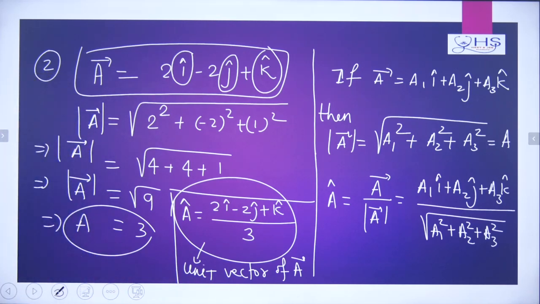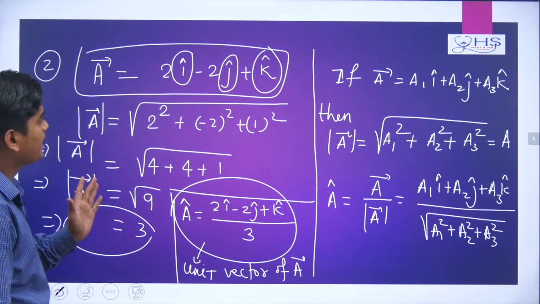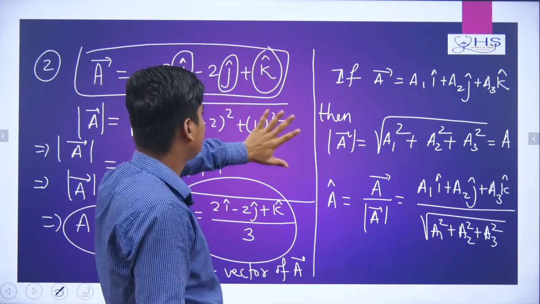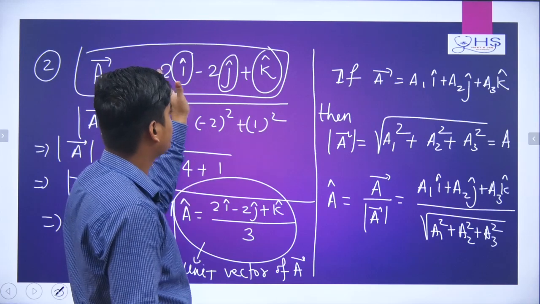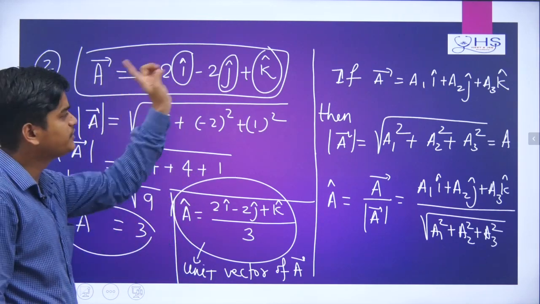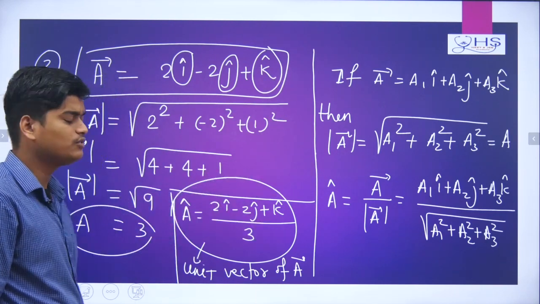Okay, I hope you understand. And also, if the k cap coefficient is not there, then that coefficient will not come. If only 2 components are there, then you take the squares of those 2 components to find the magnitude. If 3 components are given, then we proceed according to 3.